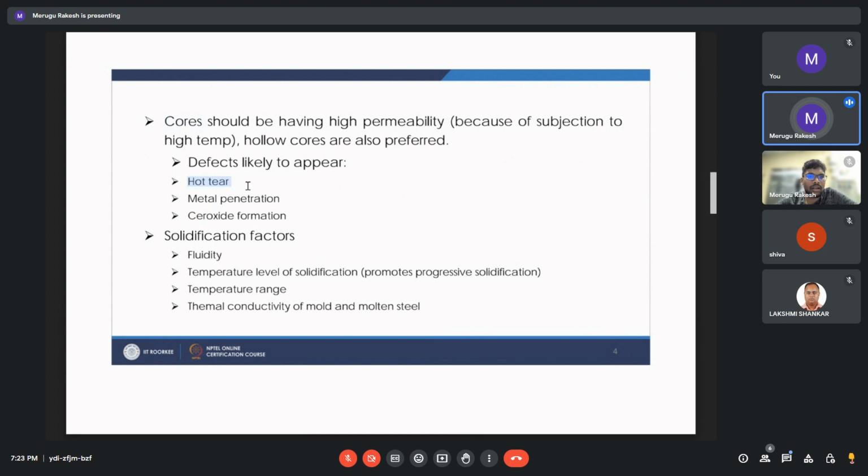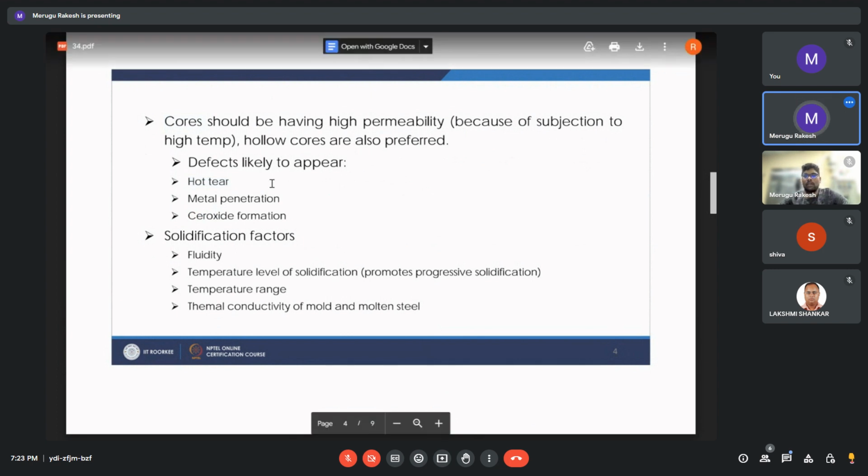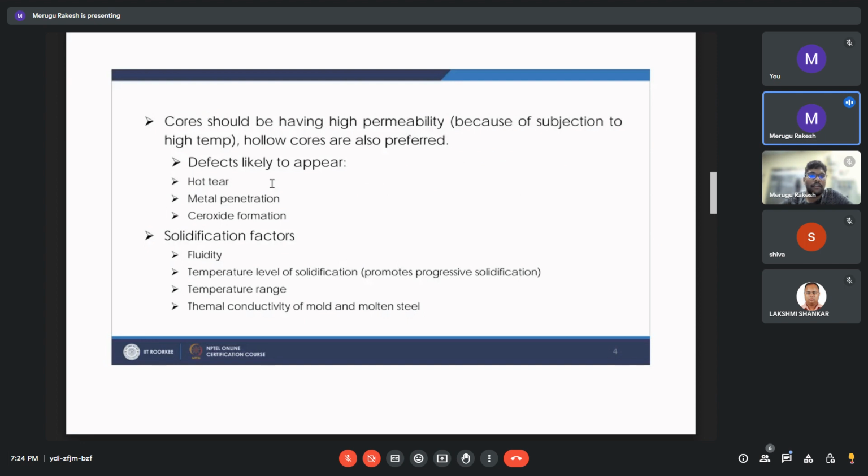So hot tear is, basically the problem arises when the metal is cooling from liquid to solid. It will have some range. In steels we have this range, which is nothing but semi-solid. There will be a good amount of mushy zone present.